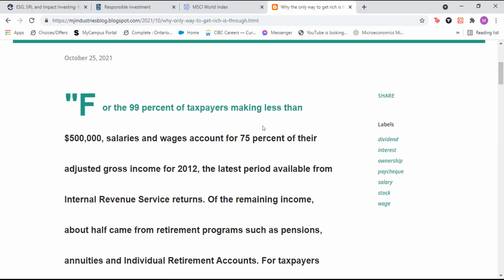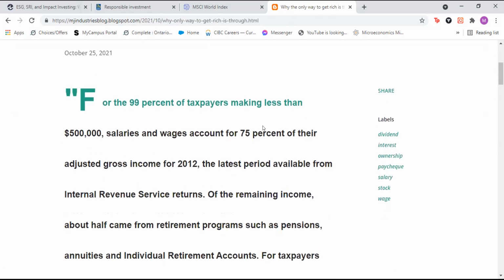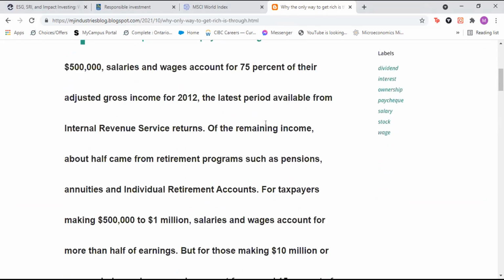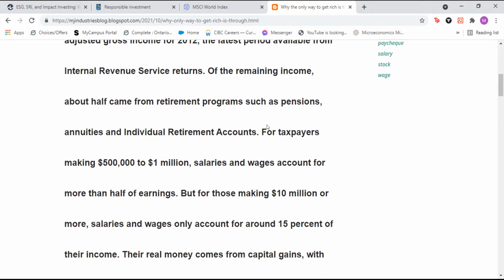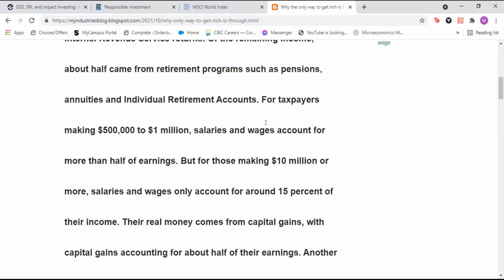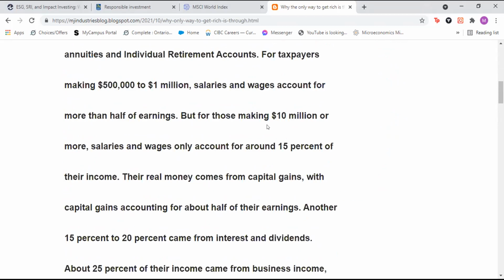There's a good quote from CNBC. For the 99% of taxpayers making less than $500,000 a year, salaries and wages account for 75% of their adjusted gross income for 2012, the latest period available from Internal Revenue Service returns. Of the remaining income, about half came from retirement programs such as pensions, annuities, and individual retirement accounts. For taxpayers making $500,000 to $1 million, salaries and wages account for more than half of earnings.